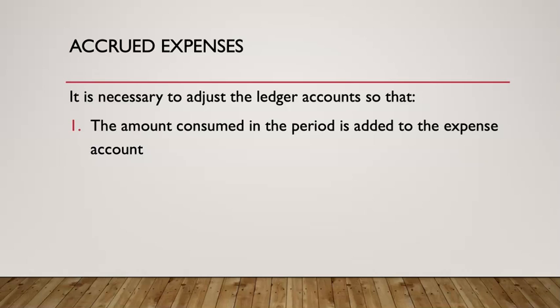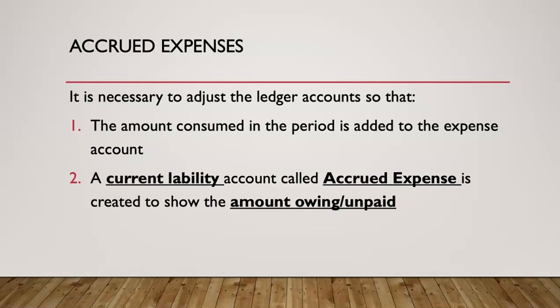We need to record how much of the expense has actually been consumed in the period. And because we have not paid it, but we owe someone something, we need to create a current liability called accrued expense to show the amount owing or unpaid. A current liability because there is something owing. So this is the adjustment that we need to make.